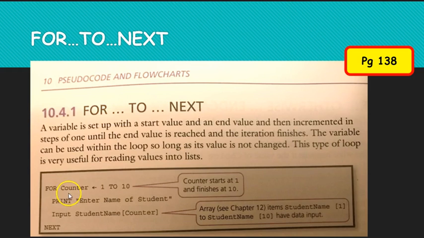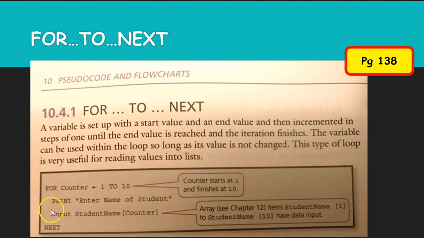So here we have the next statement, which is what we were looking at in Python. But we've got a for counter between the range of 1 to 10. So we're entering the name of the student. We say print input student name, and then we've got the counter. So what this program does is it allows you to enter a student's name, and again, up to 10 students.